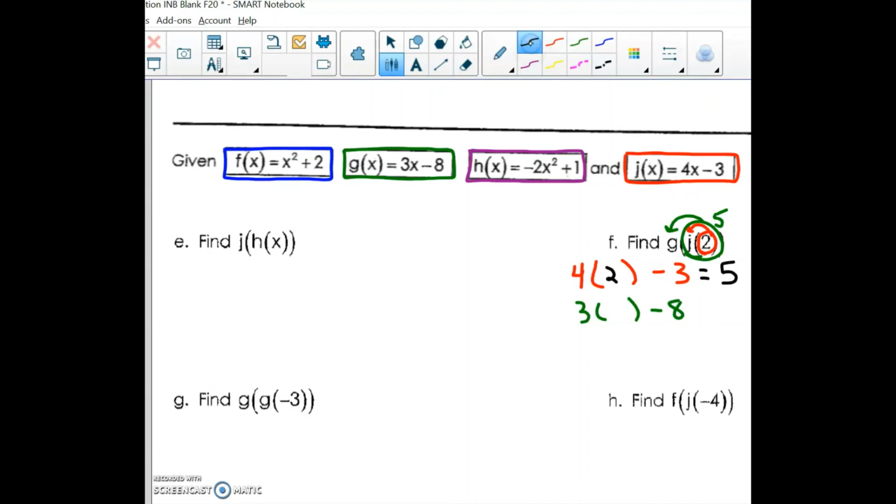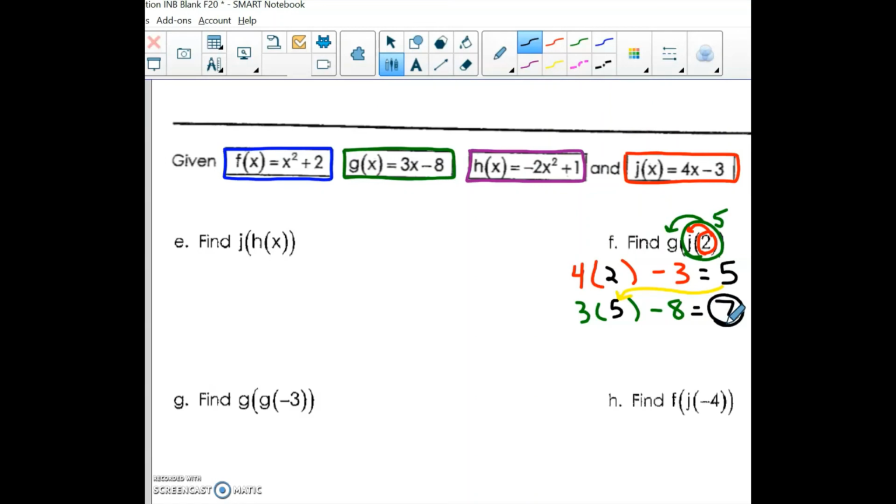And we're going to put 5 in there. So what we did is we took the value that we found from the first calculation and put it into the second equation. Make a calculation out of that, and that's going to be your final answer. 3 times 5 is 15, minus 8 is 7. That is our evaluation.